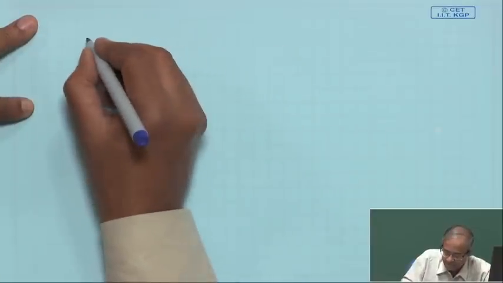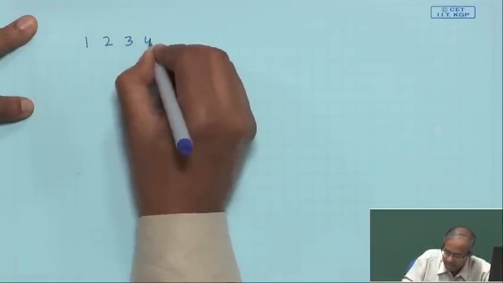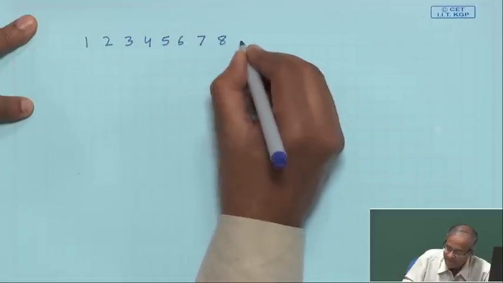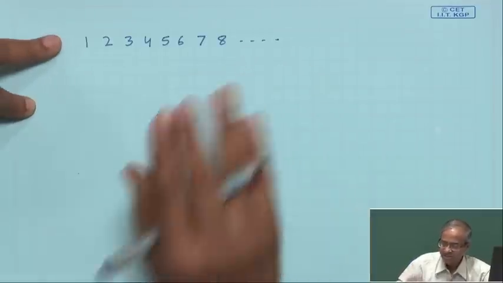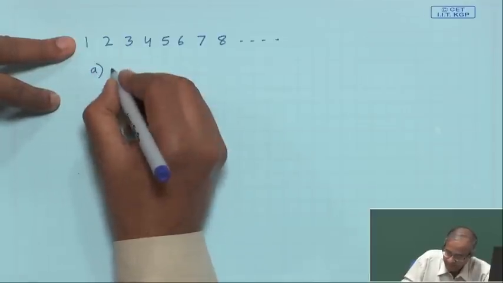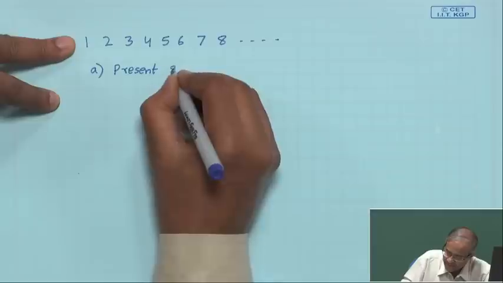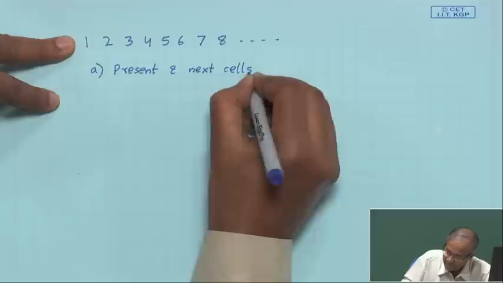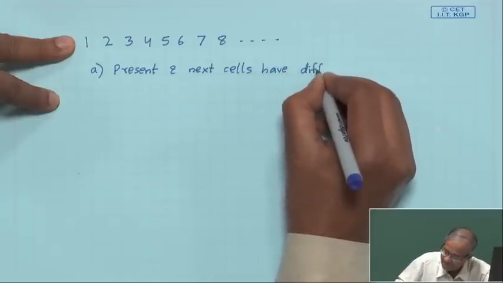You see, in the Lee's algorithm, we are numbering the cells consecutively like this. So, there are two things that you are just ensuring here. You are ensuring that number A, the present and next cells have different levels.